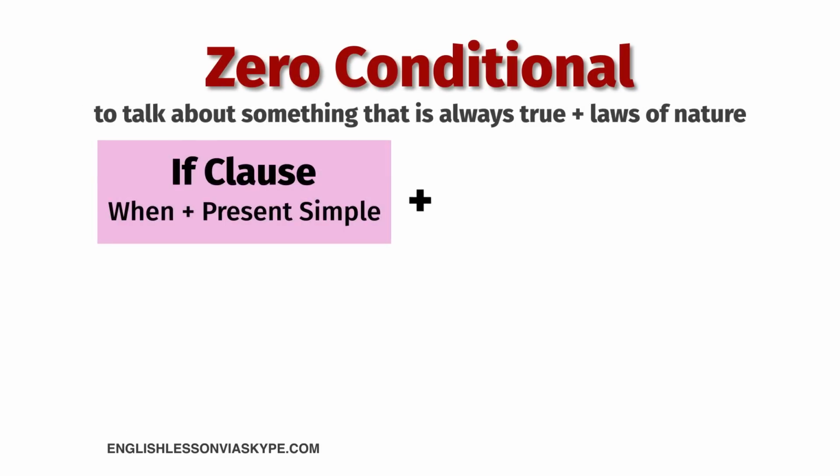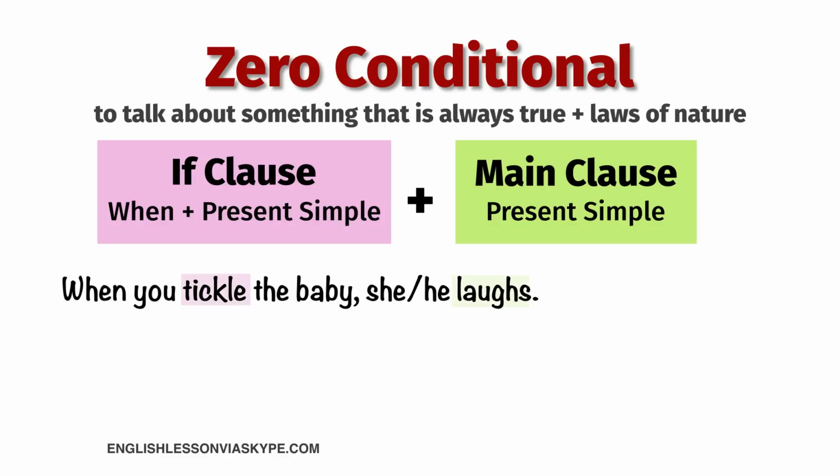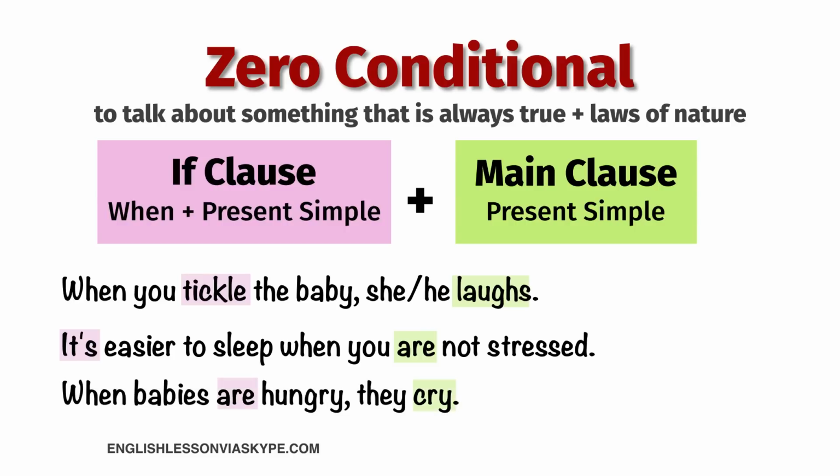And we can also use when here instead of if. For example, when you tickle a baby, he or she laughs. It's easier to sleep when you are not stressed. When babies are hungry, they cry. And all of us who are parents will know all about that one.